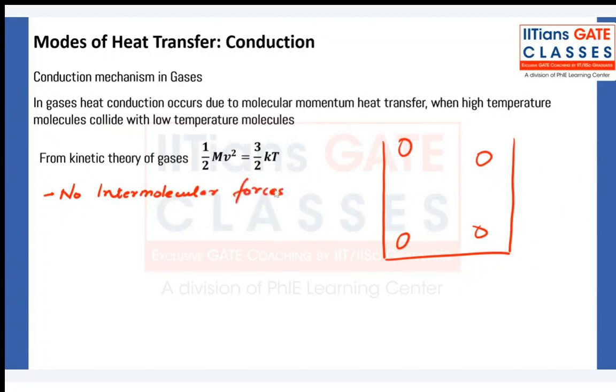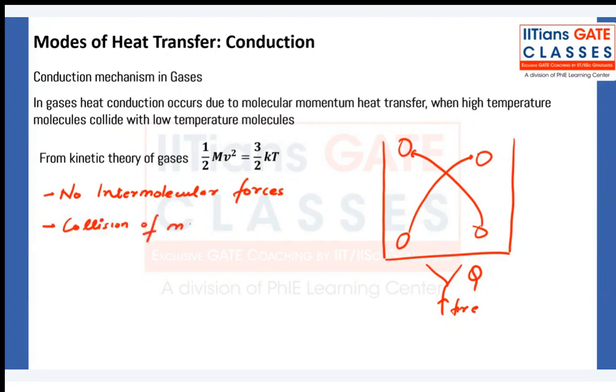Now, if you give heat here with fire, this molecule is going to take heat, come to a higher energy state and collide with the other molecule. Now the chances of colliding are very low, and that is the reason that heat transfer in gases by conduction is very, very low.